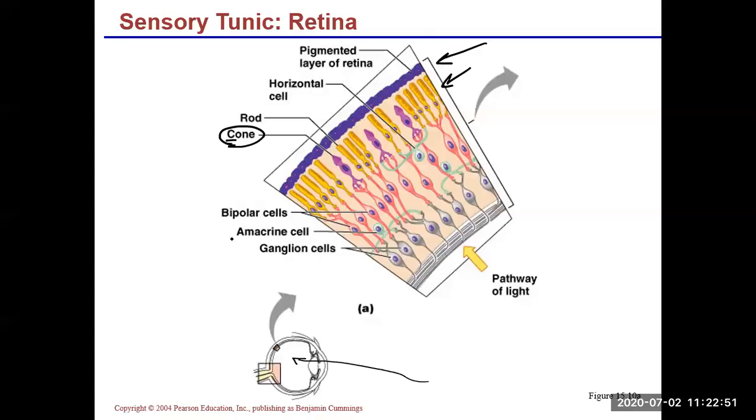Anyway, so what's happening in here? Again, once the light is picked up by the photoreceptors, they release their neurotransmitters right here, and the neurotransmitter communicates with bipolar cells, which you can see in the red color right over here.